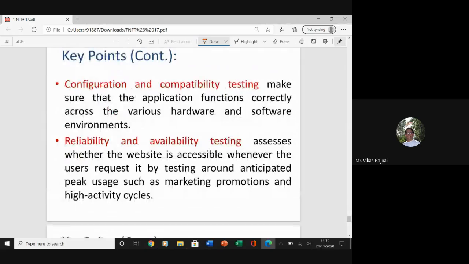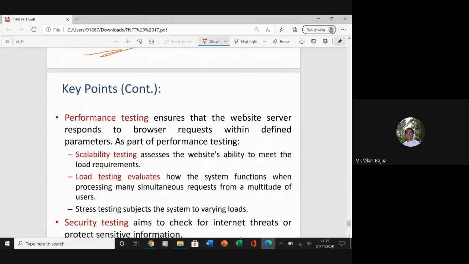Your configuration and compatibility testing makes sure that the application functions correctly across the various hardware and software environments. Reliability and availability testing assesses whether the website is accessible whenever the user requests it, by testing around the anticipated peak usage, such as marketing promotions or maybe some sales.